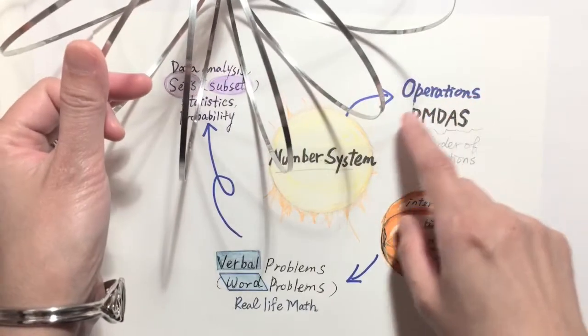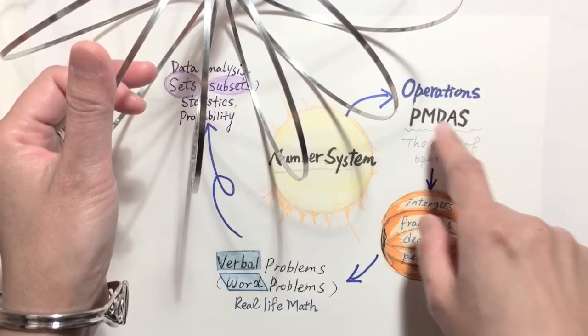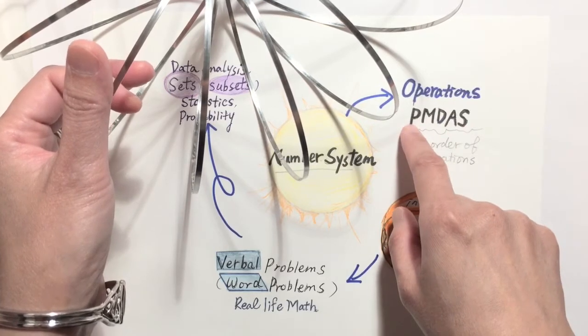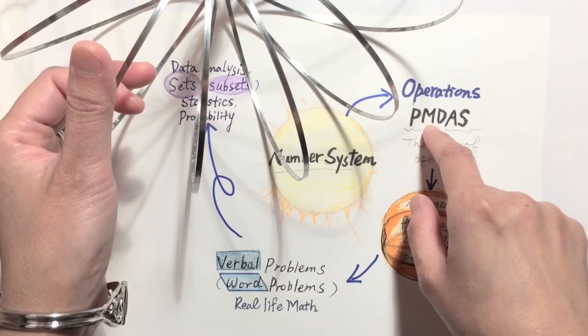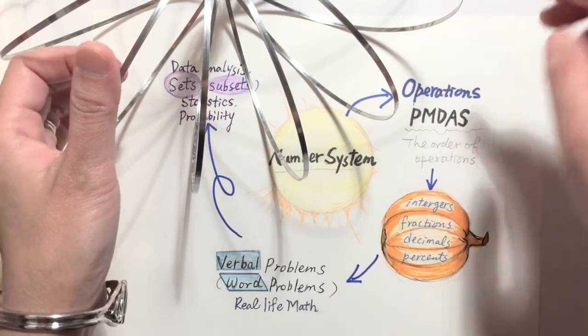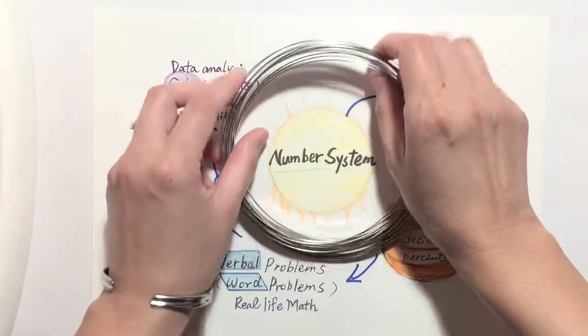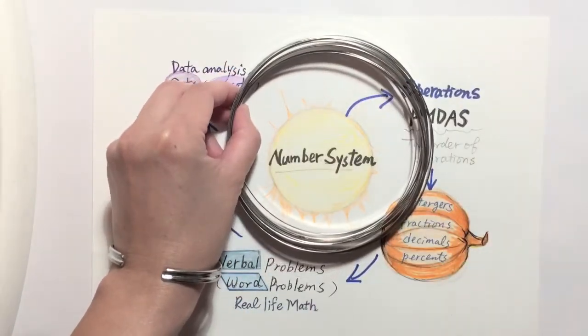While you're dealing with numbers with operations by following the order of operations, also called PEMDAS: P parentheses, M multiplication, D division, A addition and subtraction. That's the order of operations to deal with all the numbers inside this number system, okay?